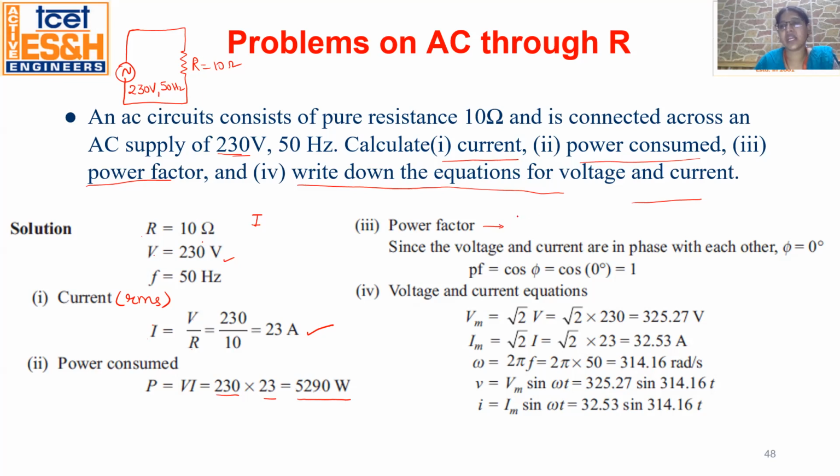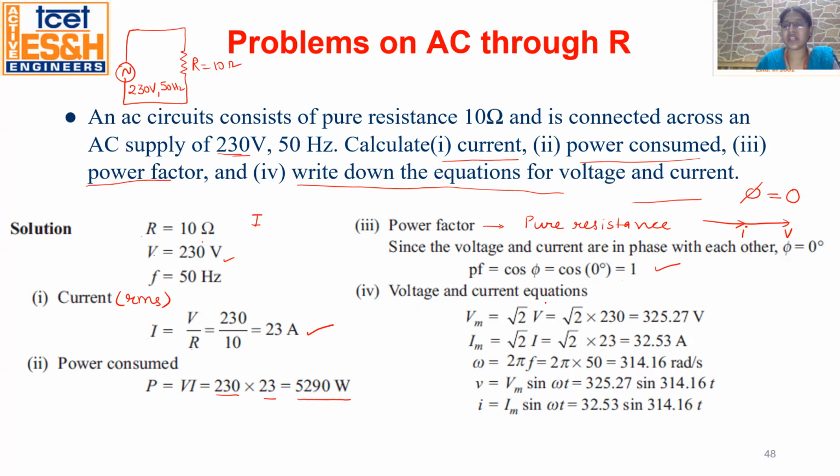Now power factor. In case of pure resistance, voltage and current are in the same phase. When both are in the same phase, there is no angle between voltage and current. So phi is equal to 0. In that case, power factor is equal to 1. So this is the answer.